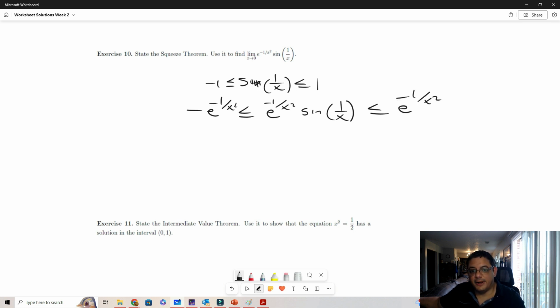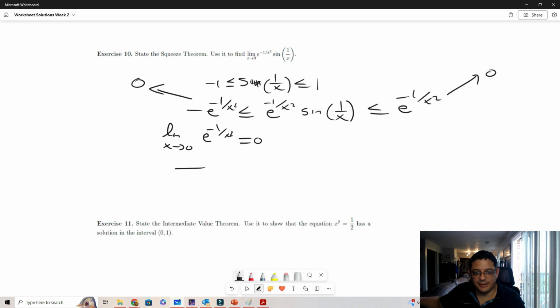And because I can find the limit when x goes to 0 more easily for these ones, thanks to this limit, when x goes to 0, this part goes to infinity, and e to the minus infinity is going to be 0. So all this is 0. And so this goes to 0, and this goes to 0.